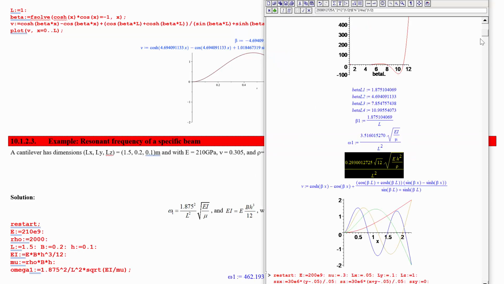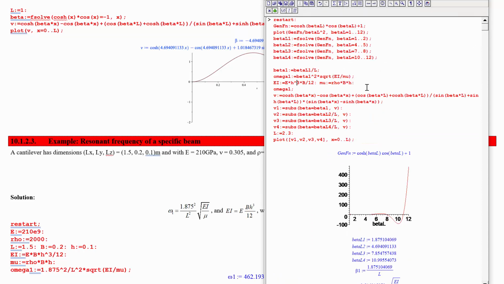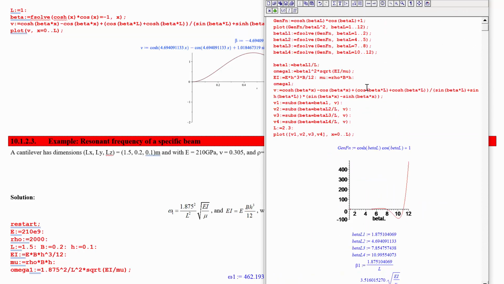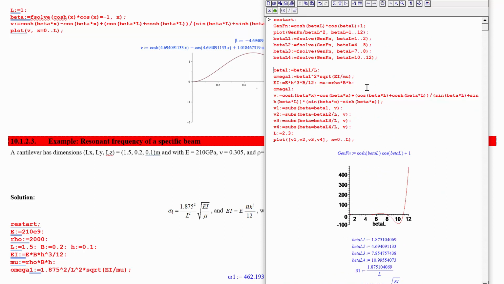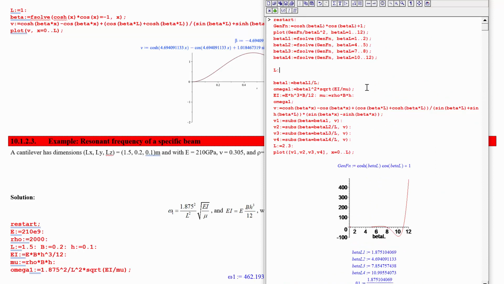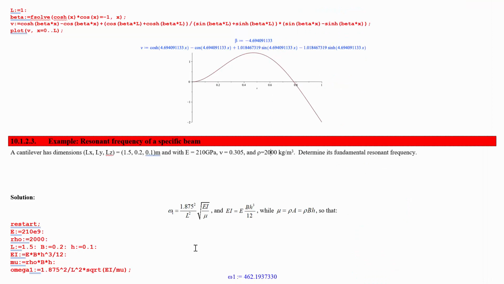Well, all we have to do now is take this formula that we figured out and put in what the parameters are. So we'll imagine that L is equal to 1.5. H is equal to, which way is it oscillating? Let's imagine that Z is the thickness direction and Y is the width.